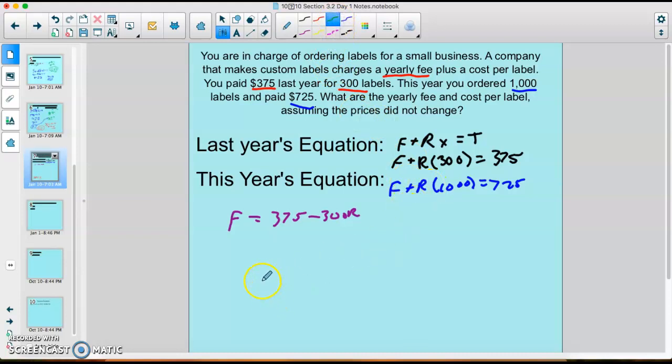And so here we go, f plus, oh, sorry, hold on, back up. I already saw an f and I went right past it. Instead of f, we need to plug in this, right? So 375 minus 300r, plus 1000r, and that equals 725.